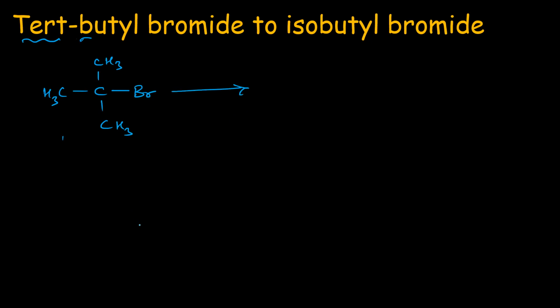And we have to make isobutyl bromide. The concept of iso says that you should have this fragment. Something like this should be present. That means if you break the carbon atoms from the middle, you should get 1 CH3 here, 1 CH3 here. And we have to make this kind of group using again 4 carbon atoms. So I will make something like this. We have made 3 carbons.